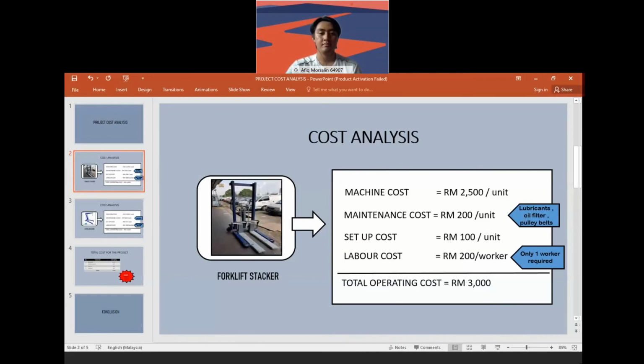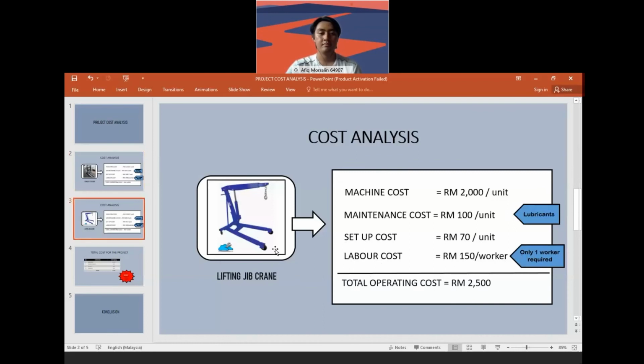It includes the lubricants, oil filter, and equipment. And the setup cost to build the forklift stacker would be around 100 ringgit for the wage of the worker. The labor cost would be estimated around 200 ringgit per worker, since only one worker is required to handle the machine. So the total operating cost for the forklift stacker would be around 3,000 ringgit.